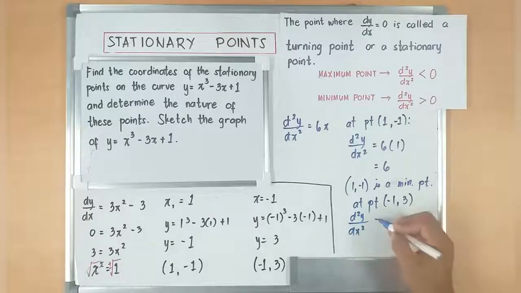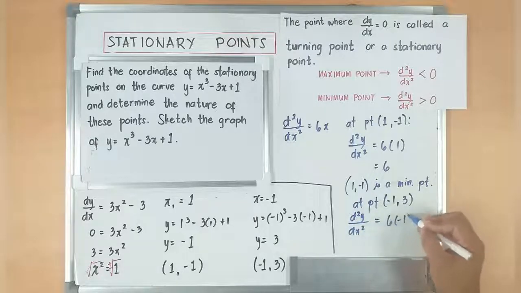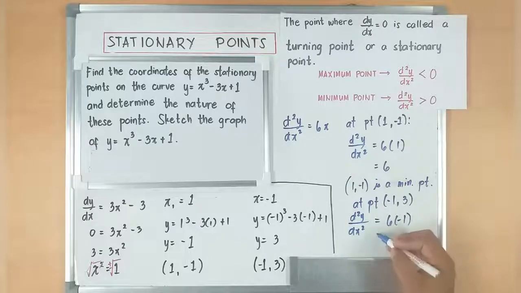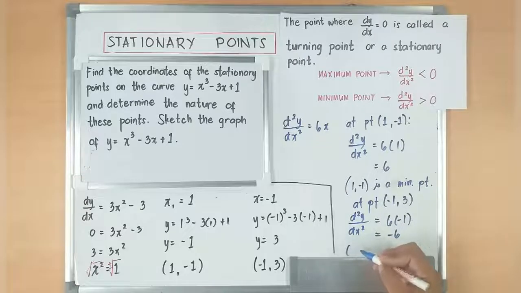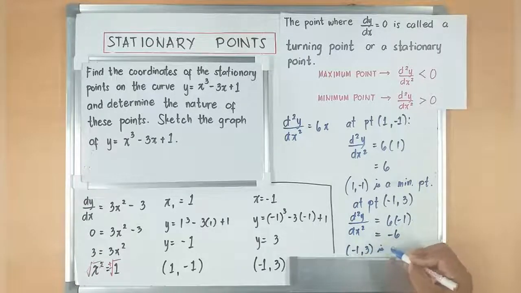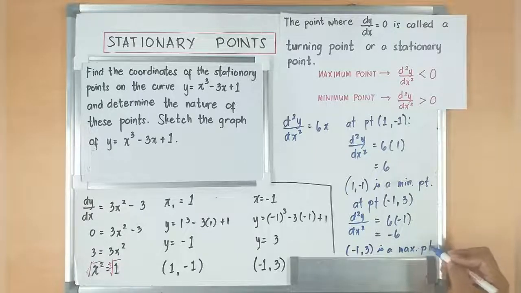So it will become 6 times negative 1. Thus, it will become negative 6. So, negative 1, 3 is a maximum point.